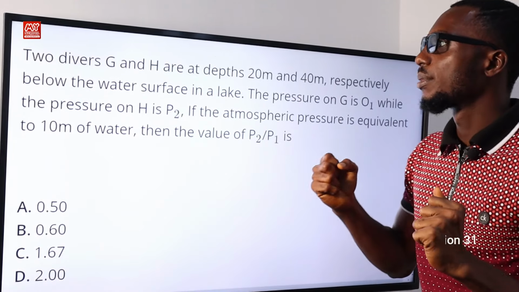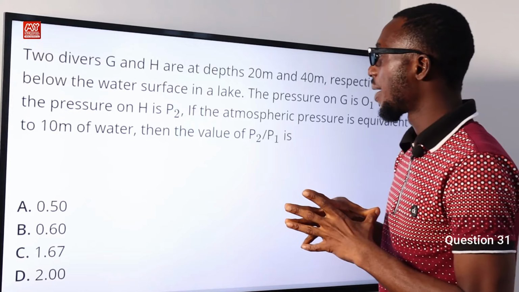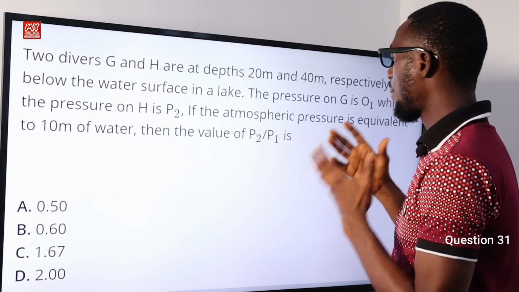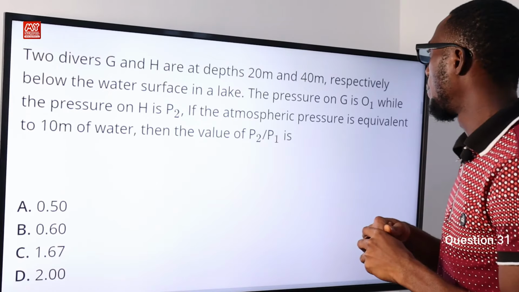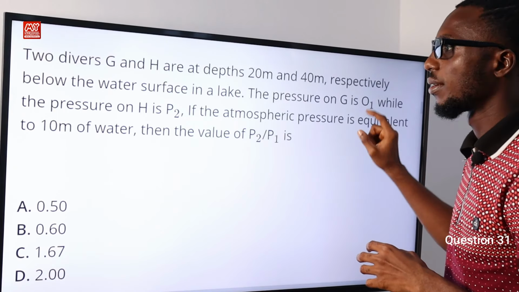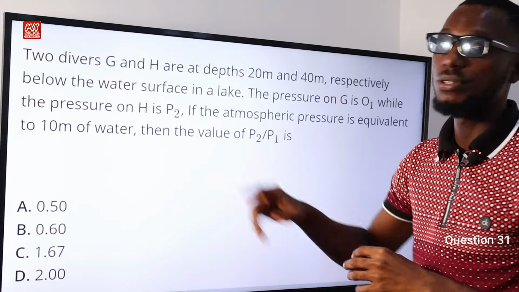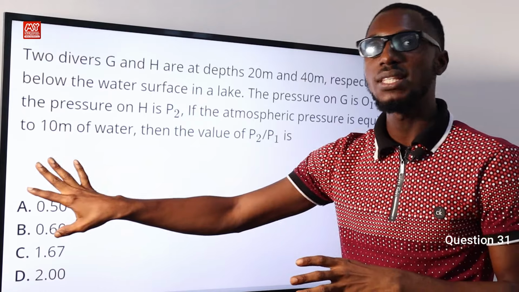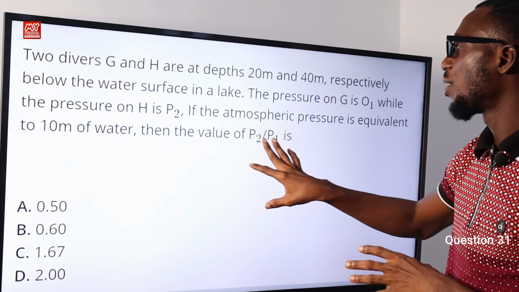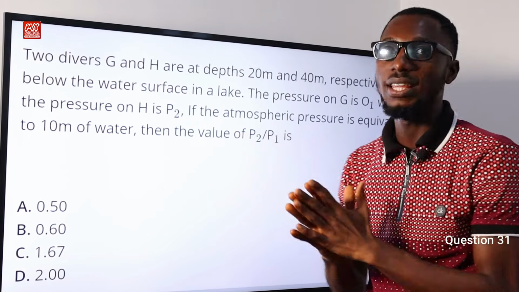Question 31. Two divers G and H are at depth 20 meters and 40 meters respectively below the water surface in a lake. The pressure on G is P1, while the pressure on H is P2. If the atmospheric pressure is equivalent to 10 meters of water, then the value of P2 over P1 is what?